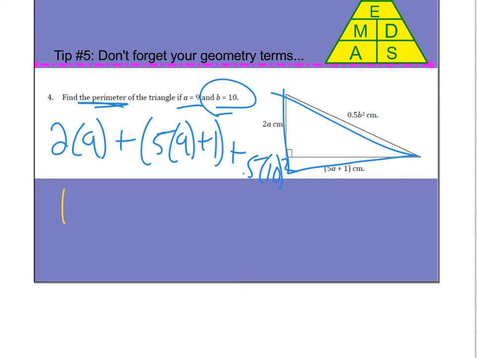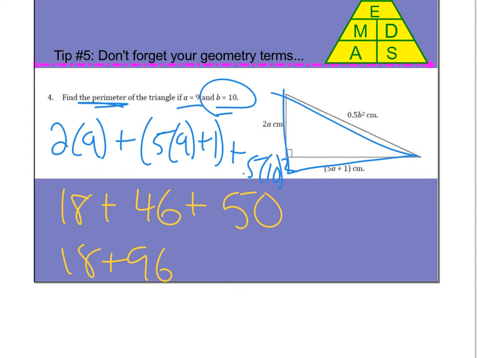So this becomes 18, this becomes 46, this becomes 50. So that becomes 18 plus 96. So that becomes 114 centimeters. That is my perimeter.